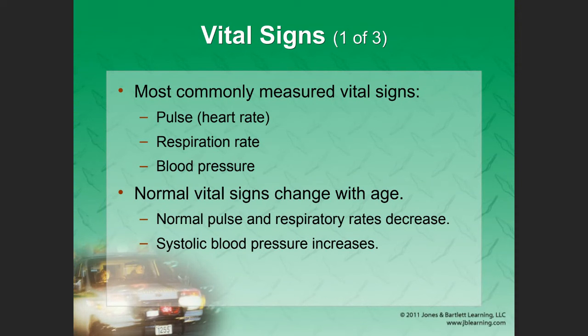So find where the radial pulse is. If they are responsive, put pressure on that pulse, and it's going to be where the pulse runs over a bone. Once you feel the pulsation, make sure you're looking at a watch with a second hand. Count the pulsations for a full minute, and that will give you the pulse rate per minute.